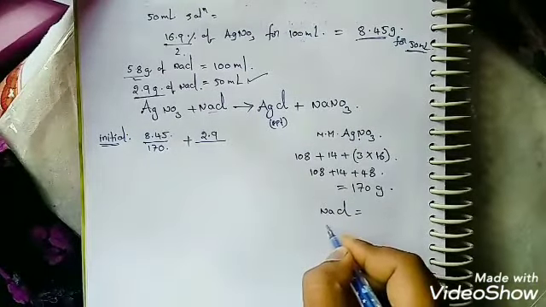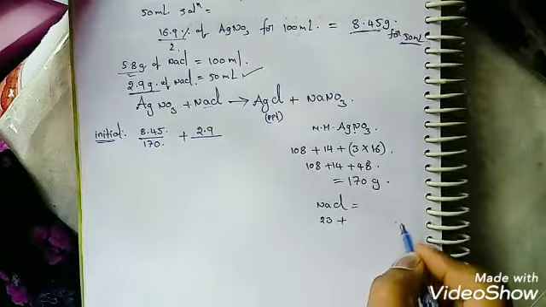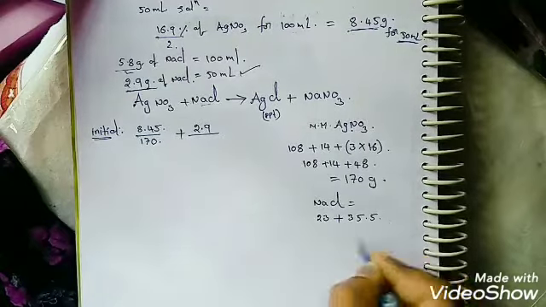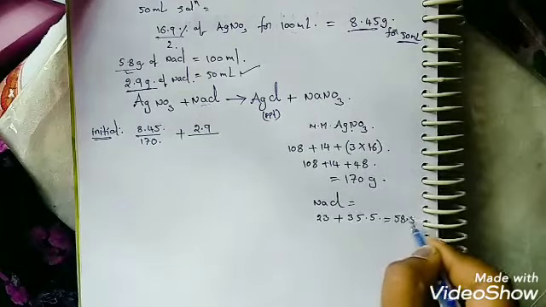Sodium, atomic number 11, mass 23, plus chlorine, atomic number 17, mass 35.5. The answer is 58.5.